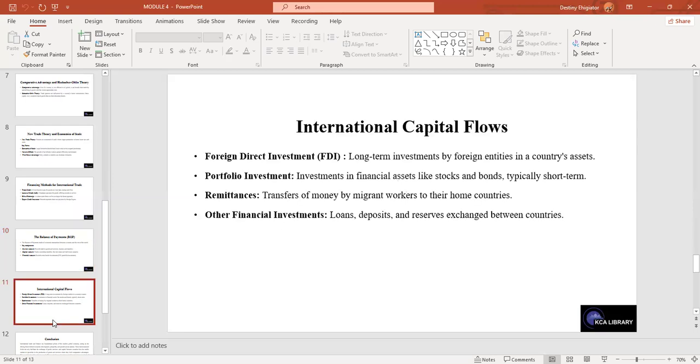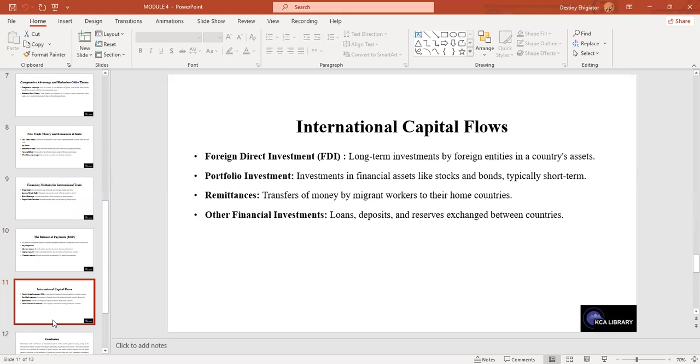Now let's look at international capital flows. There are four kinds of international capital flows. There's foreign direct investment, which is the FDI. There's portfolio investment. There's remittance. Then we have other financial investments like loans, deposits, reserves, and exchange between countries. The FDI, these are long-term investments by foreign entities in a country's assets.